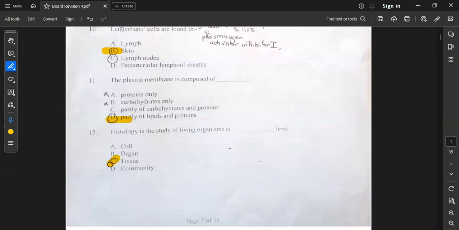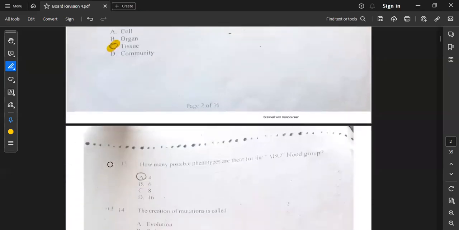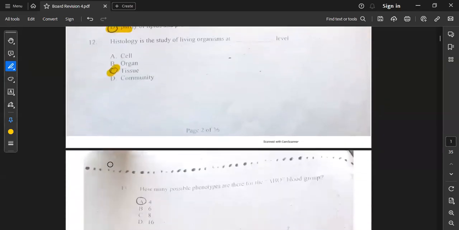Yeah, I think 11 and 12, what you've marked, Shin, I think they're okay, unless anyone has a dispute.